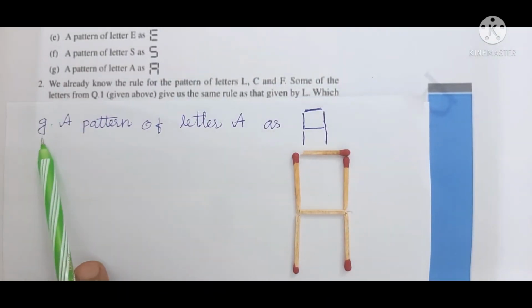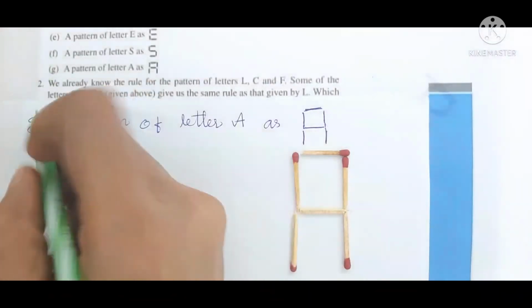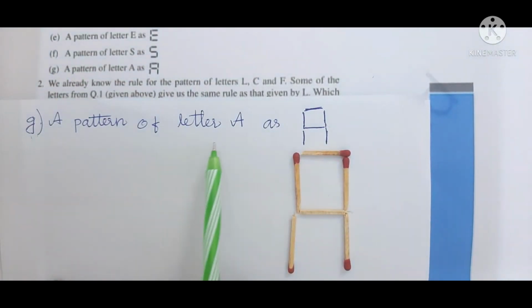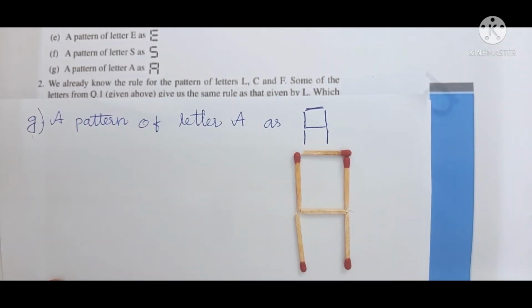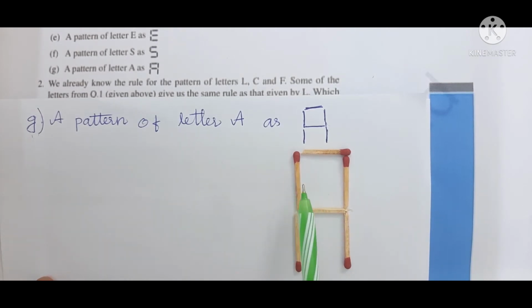Question number G. The question is a pattern of letter A as A. So here we have to make the A letter with the help of matchsticks. I have already done it. Here how many matchsticks do we need? 1, 2, 3, 4, 5 and 6.